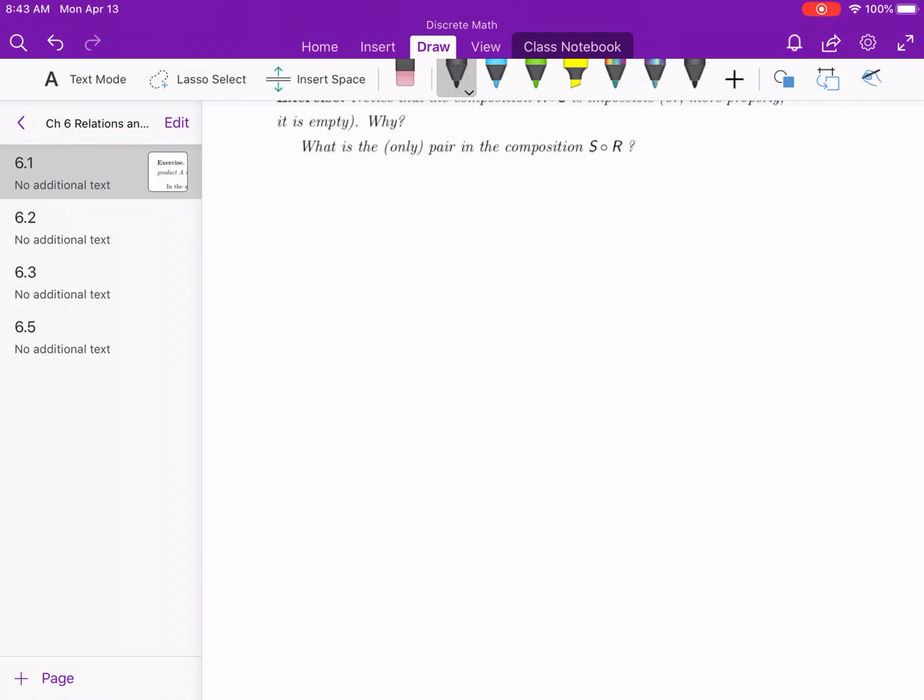Let's go way back to what it says in the text.